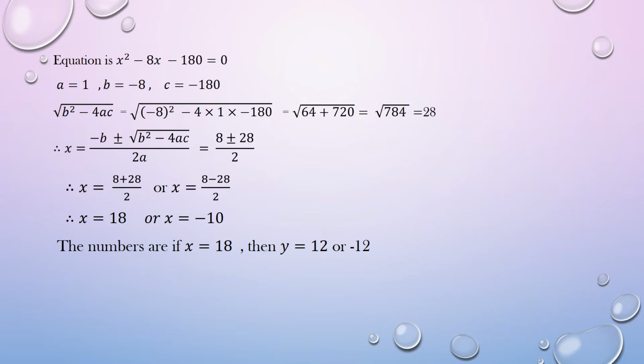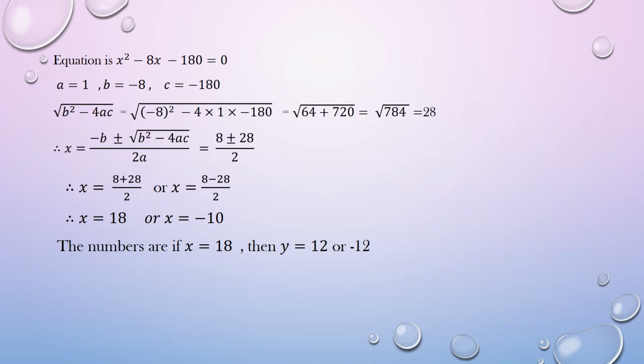Again, finding the square root of the discriminant, that is root of b square minus 4ac equal to (negative 8) square minus 4 into 1 into negative 180, which is equal to root 784, which is equal to 28.